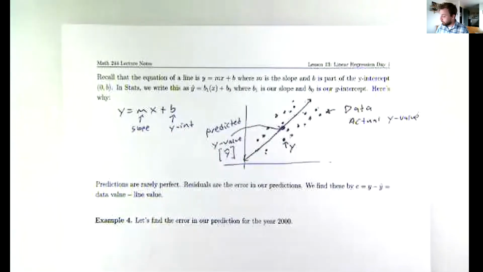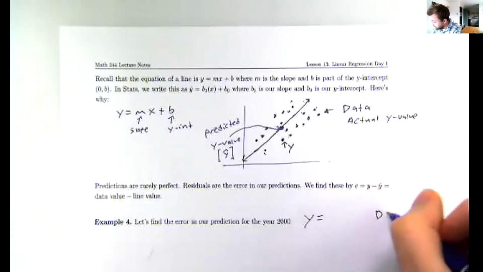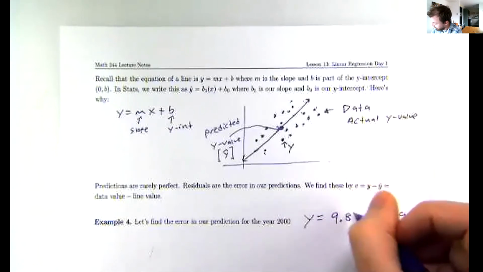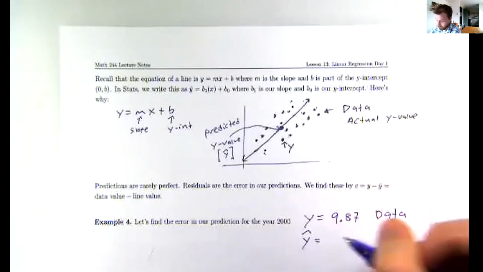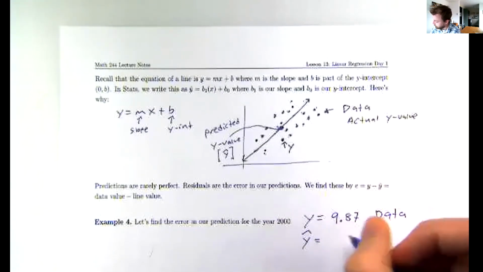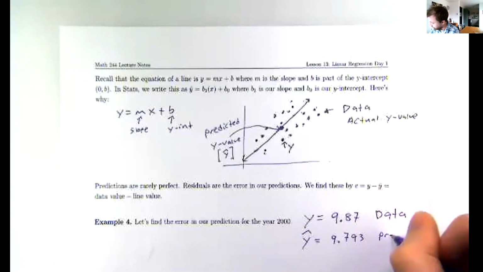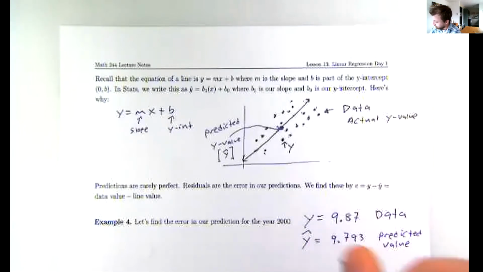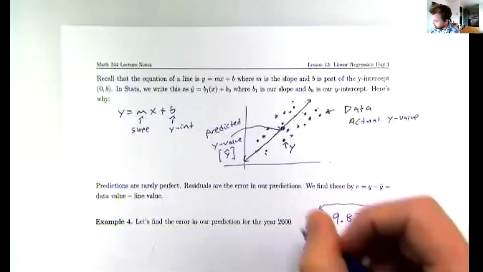So for example, in the year 2000, when I looked at the data, the y value was 9.87. In contrast, when I plugged 2000 into the equation, I got 9.793 as my predicted value. So y is coming from the data, y hat is the value from the line.